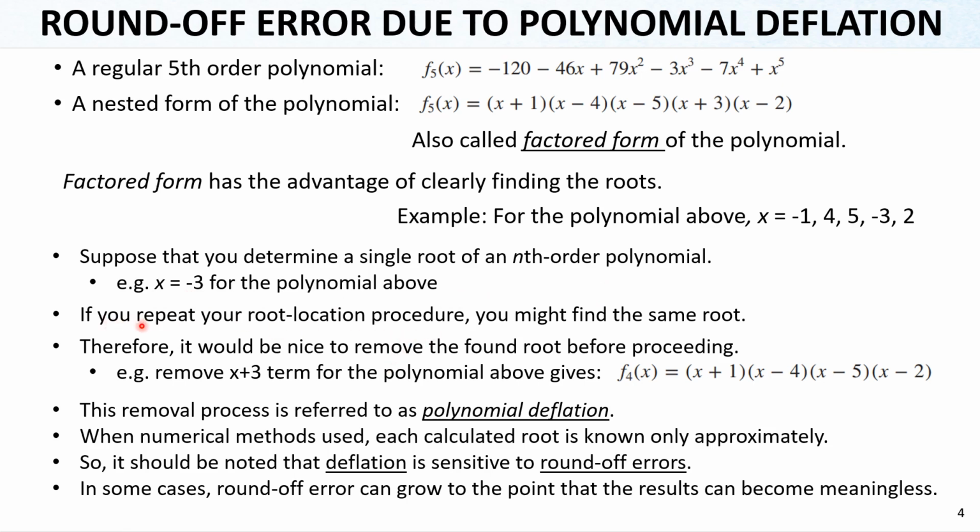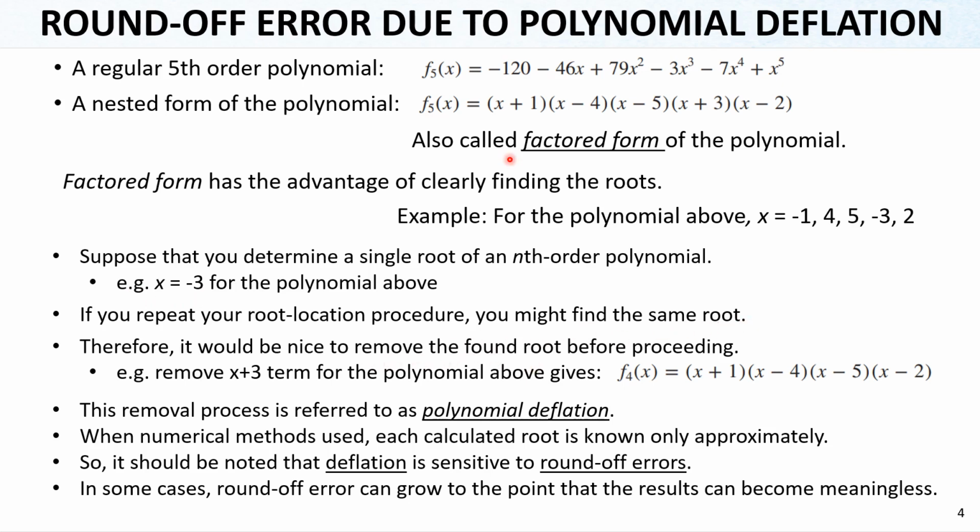Then if we continue repeating our root location procedure, we can find the same root, because we will have the same polynomial. We started, for instance, from 3.5 and found x equals minus 3, or the initial guess was closer to this and we found this. Or with another initial guess, let's say 4.2, we can again come back to this, or let's say 2.5, closer to this, will again make you reach this value. So we can find the same root.